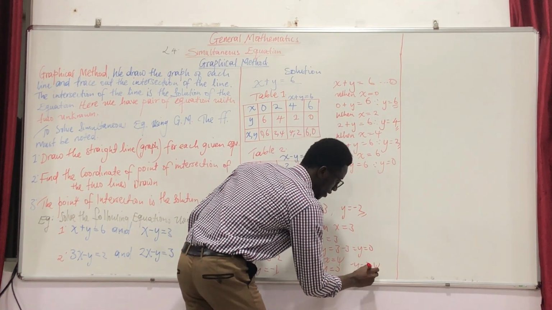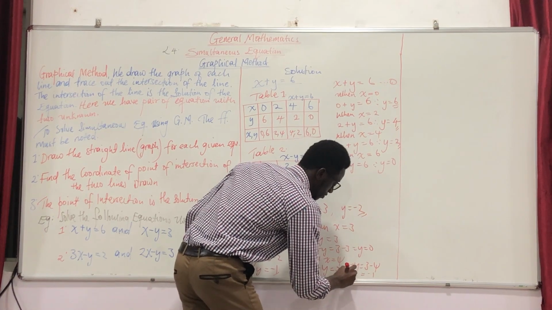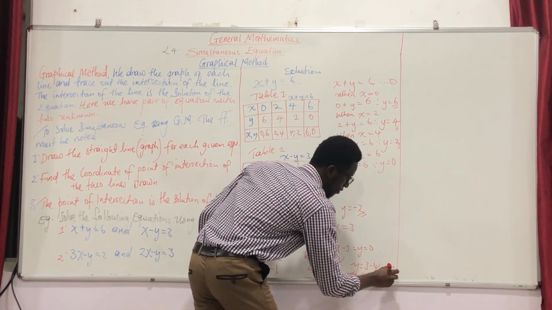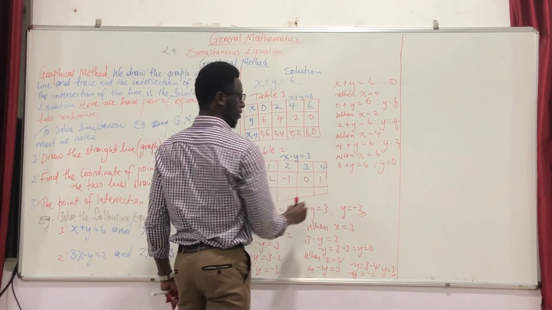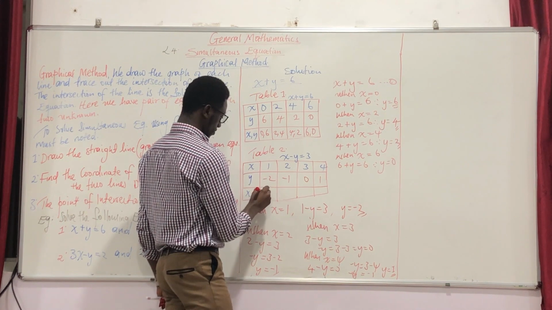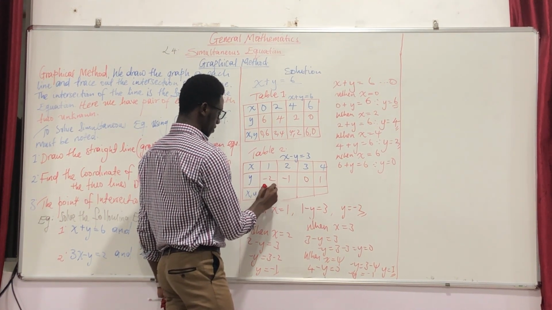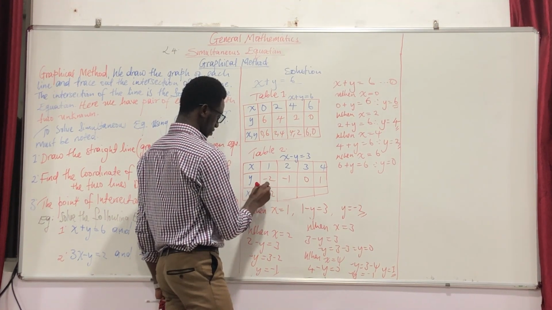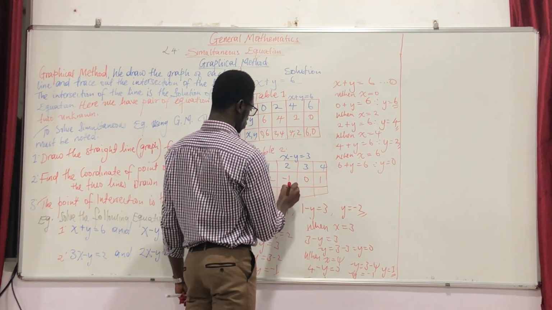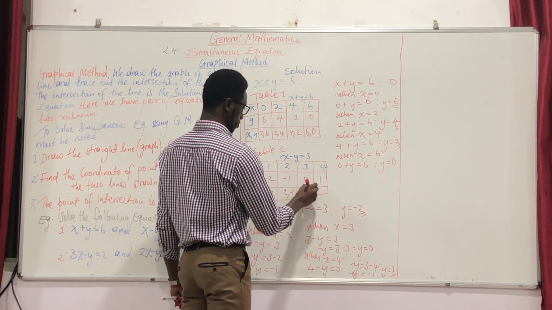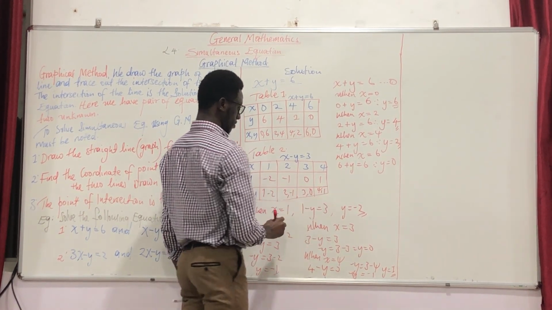Therefore our y here equals 1. So now the coordinates are 1, minus 2; 2, minus 1; 3, 0; and 4, 1.